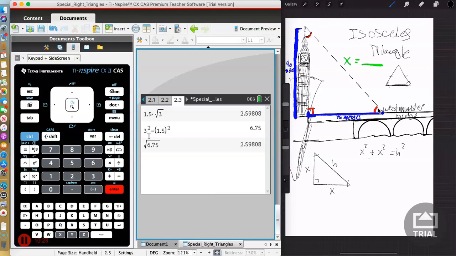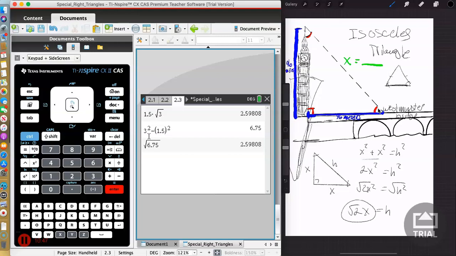Notice these are the same. So we can actually write that as 2x squared equals h squared. To solve for our hypotenuse, we're just going to square root both sides. And that gives us the square root of 2 times x equals h.